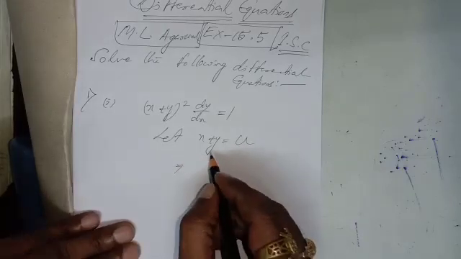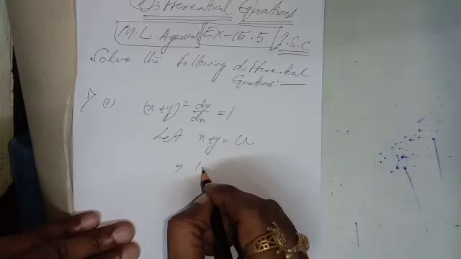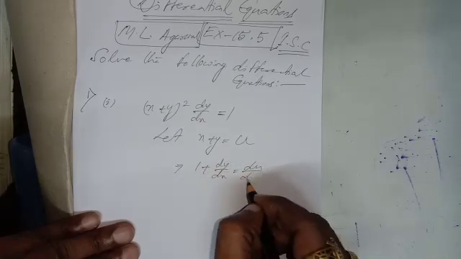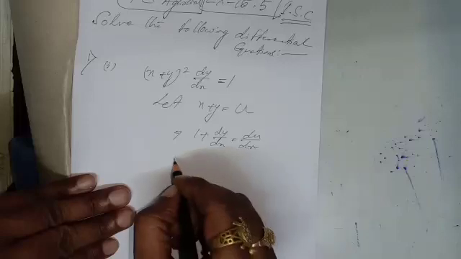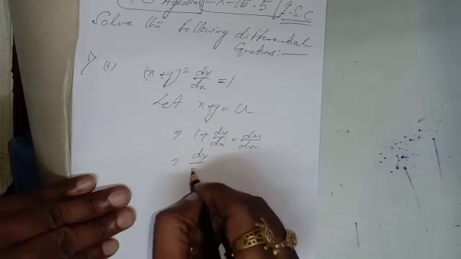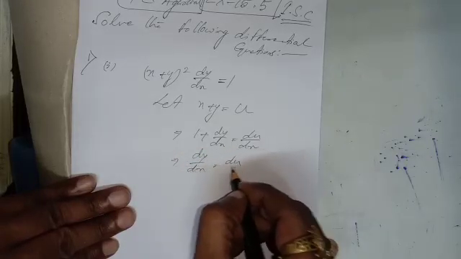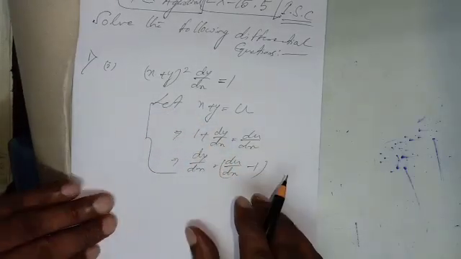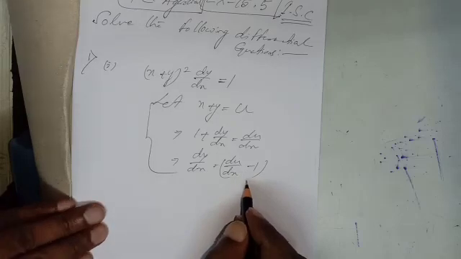Differentiating both sides with respect to x, it will be 1 plus dy by dx is equal to du by dx. Then dy by dx will be du by dx minus 1.